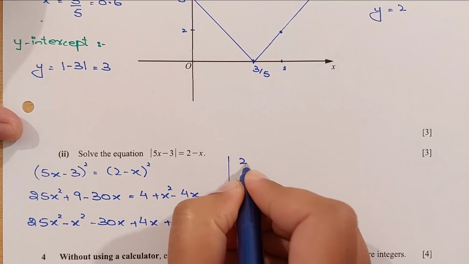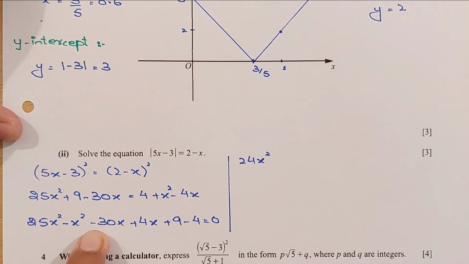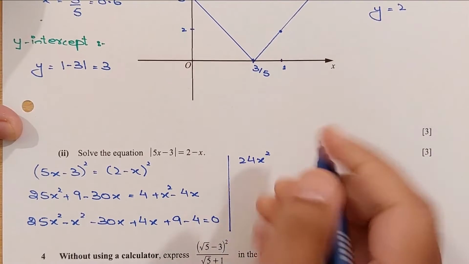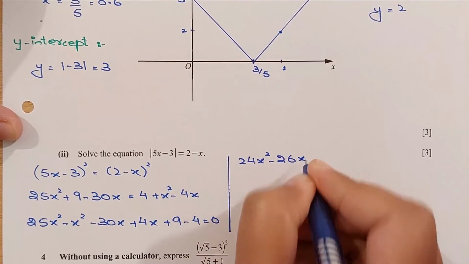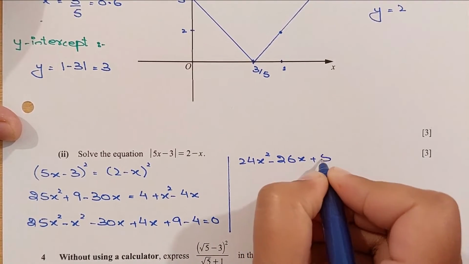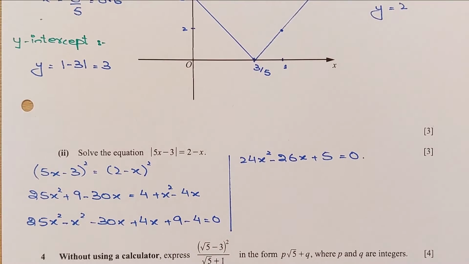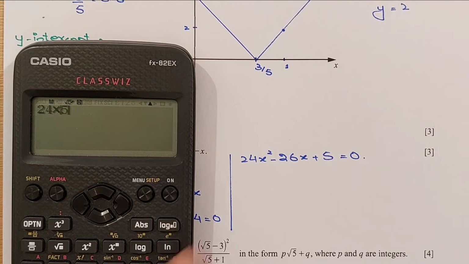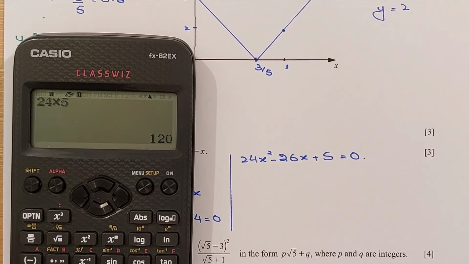we have 24x square. And the x terms are 4 take away 30, minus 26x, and from 9 take away 4 is 5, plus 5, equals 0. Let me factorize this. 24 times 5 equals 120. 6 times 20 is 120 and 6 plus 20 is 26.